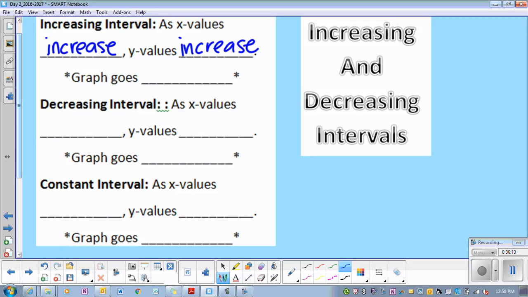So if you think about increasing, you're saying that the piece of that graph is going up because it's increasing.